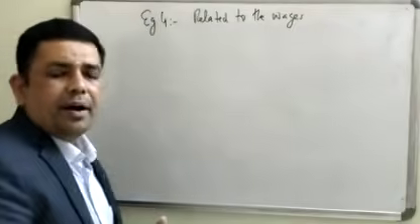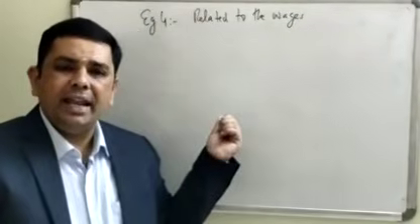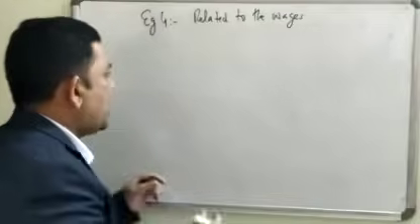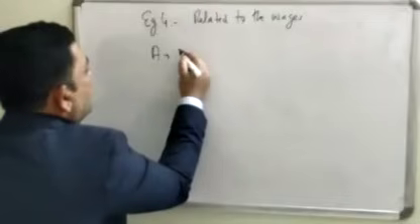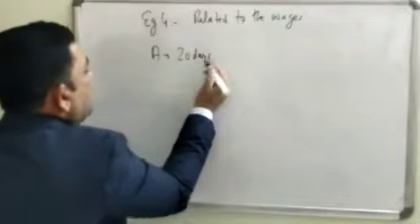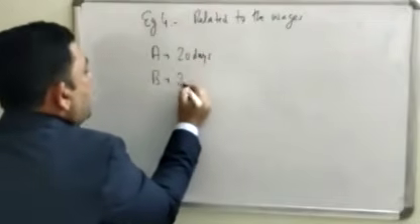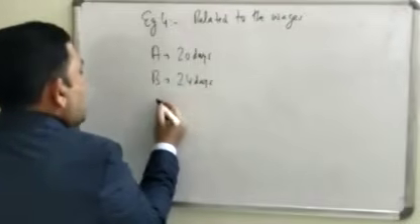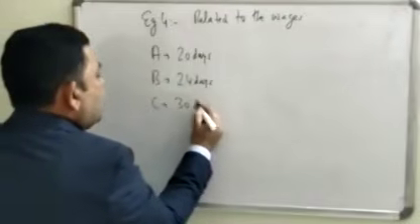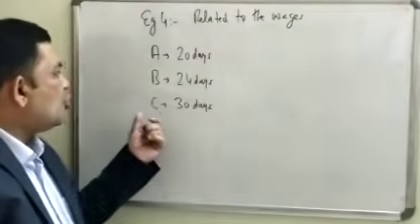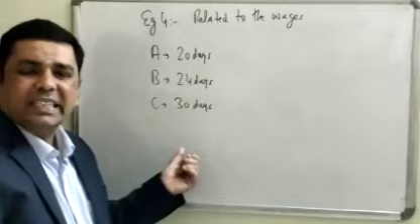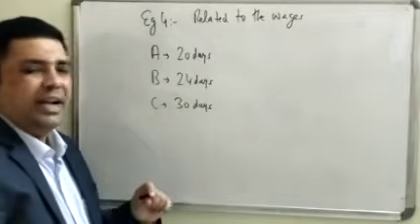Okay. Let me quickly take an example and share it with you. A can complete a task in 20 days. B can do it in 24 days and C can do it in 30 days. Alright. A can do a task in 20 days, B in 24 days and C in 30 days.